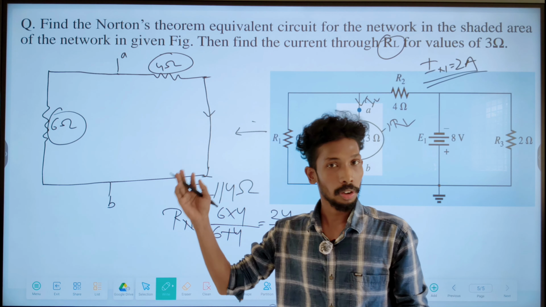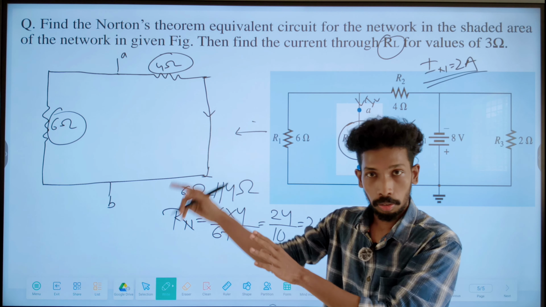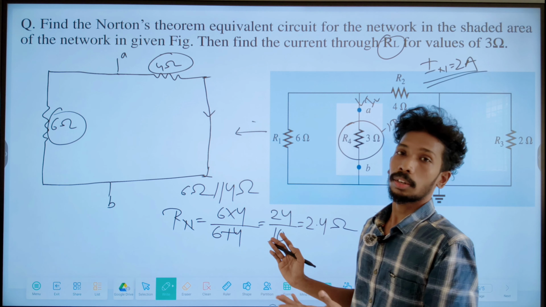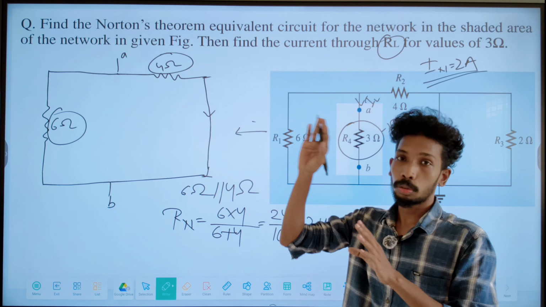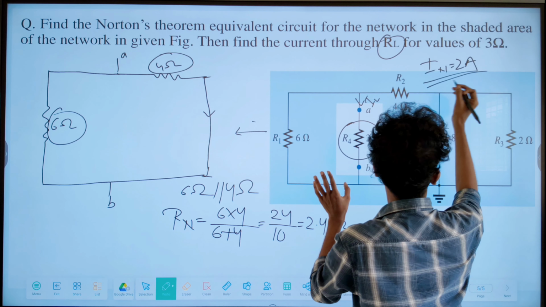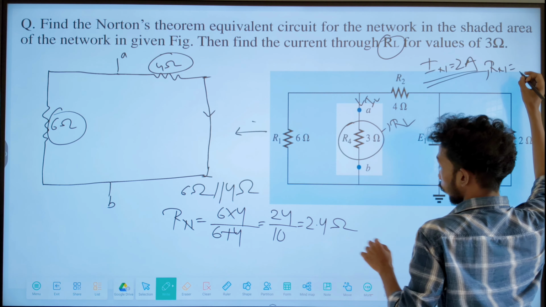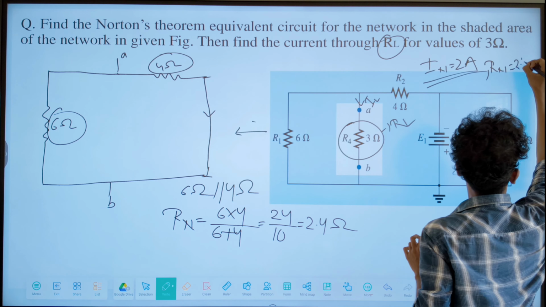Now we will draw our final circuit. In this final circuit, a current source will be there. The Norton resistance will be parallel with that current source, and one load resistor will be parallel with both of them. Okay, so now we are drawing our final circuit. We can write here our RN value is 2.4 ohm.